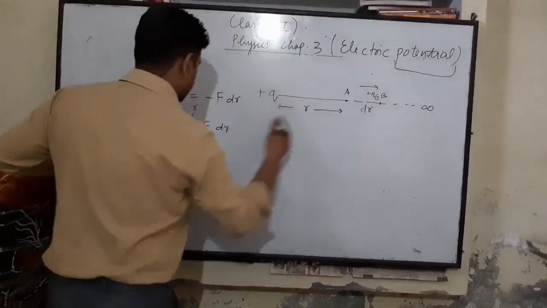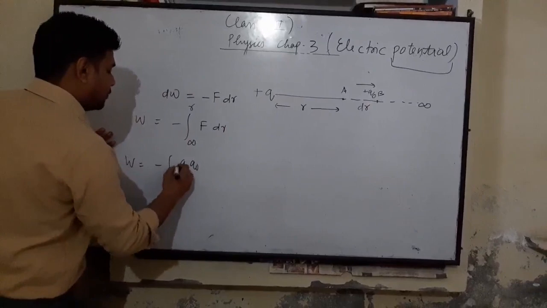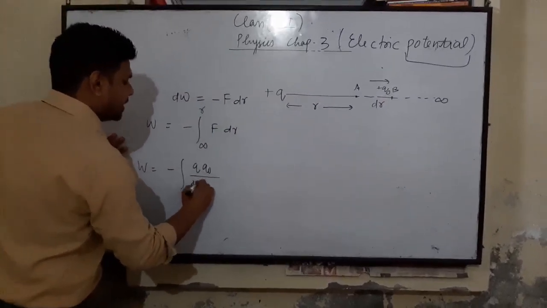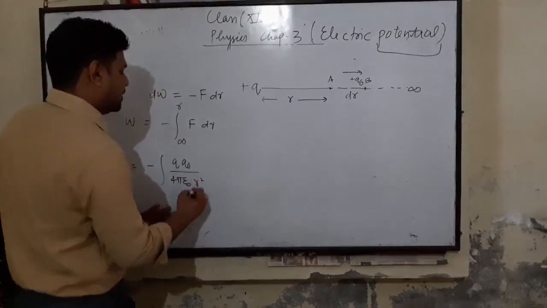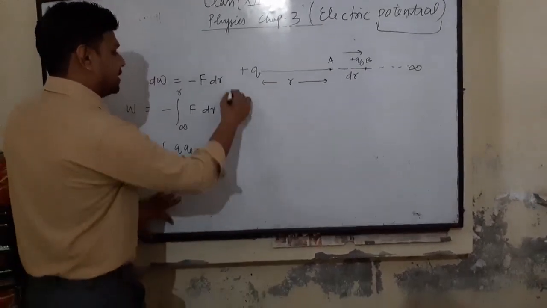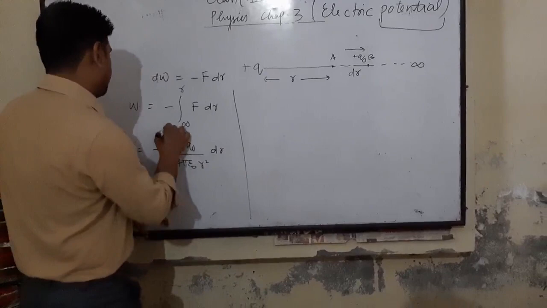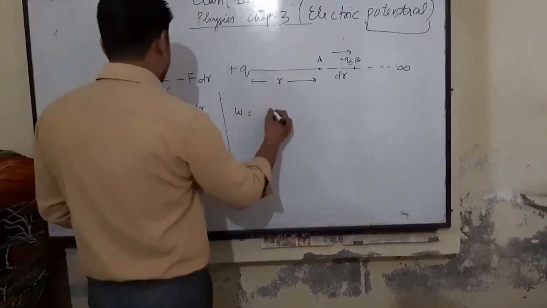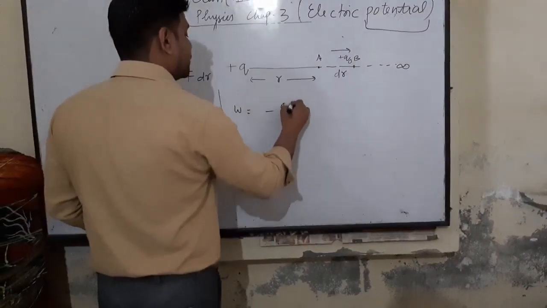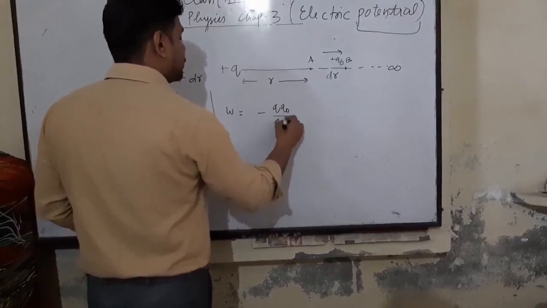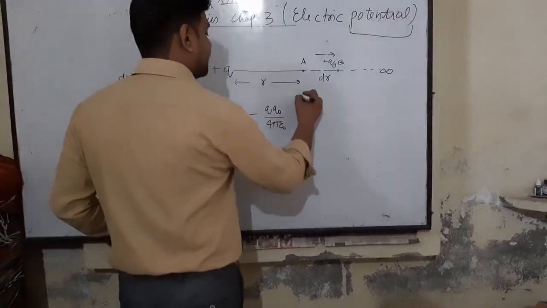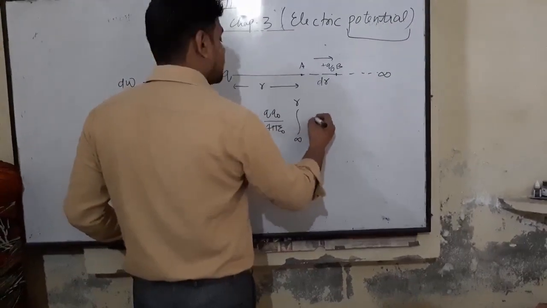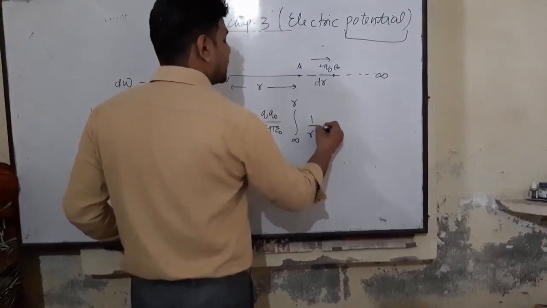It is Q Q naught upon 4 pi epsilon naught r square. So W is equal to minus Q naught upon 4 pi epsilon naught times the integration of 1 over r square dr, from infinity to r.